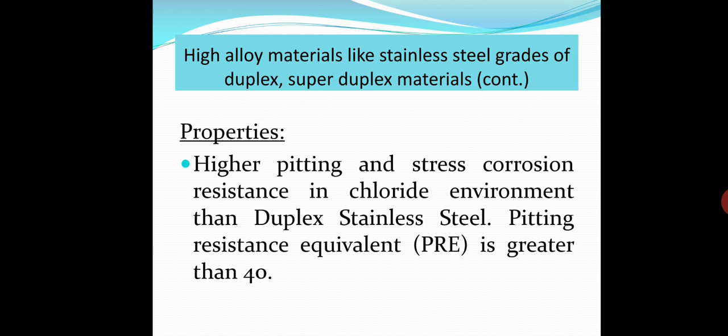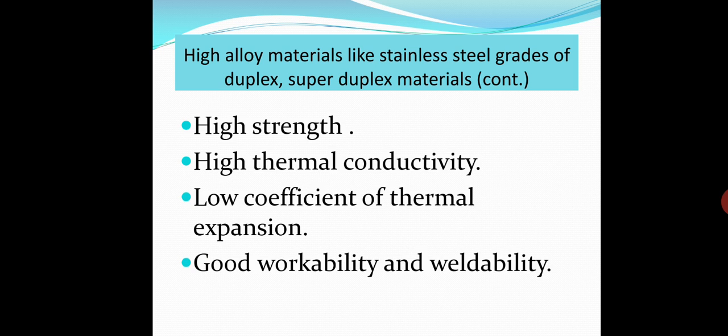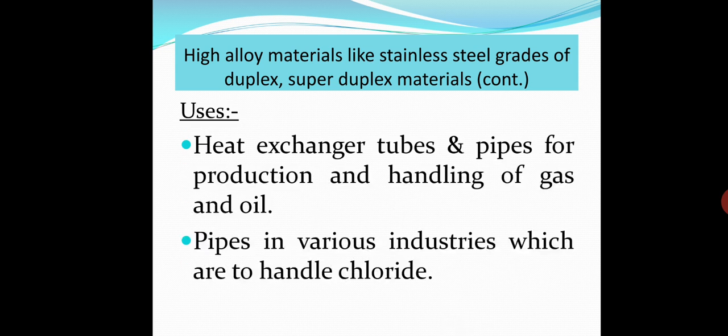Pitting resistance of super duplex stainless steel is equivalent to or greater than 40. Other properties are high strength, high thermal conductivity, low coefficient of thermal expansion, and good workability and weldability.